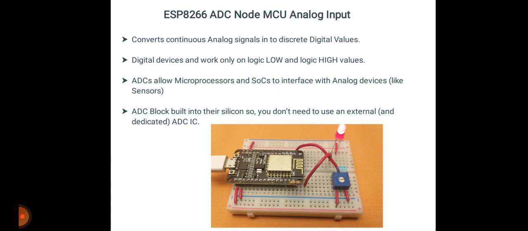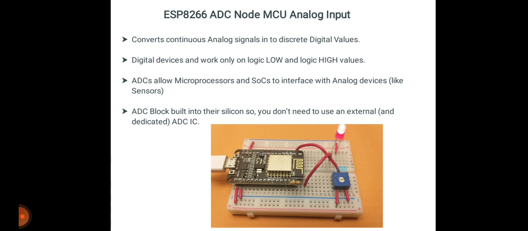As the name suggests, it converts a continuous analog signal into discrete digital values. This is really important, because all microprocessors are digital devices and work only on logic low or logic high values, that is, 0 and 1, in the form of binary.